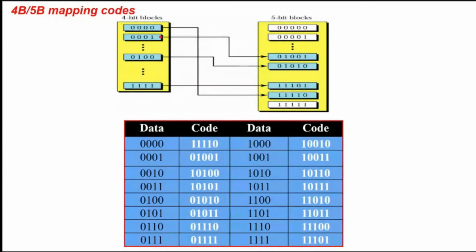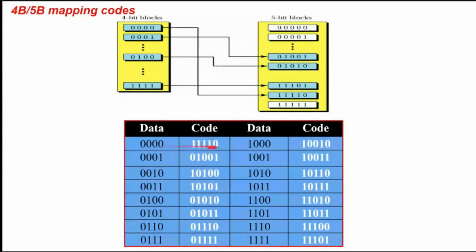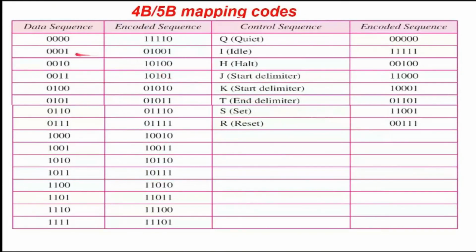So the 4B/5B mapping is the theory part only. This is 4 zeros and it converts to 5 bits. The input is 4 bits, the output is 5 bits, so some extra bit will be added based on the conversion. Here this is the code for the 4-bit input value, and this is the 5-bit value. With this conversion, I can get a new sequence to send as the encoded text, the data sequence and the encoded sequence.